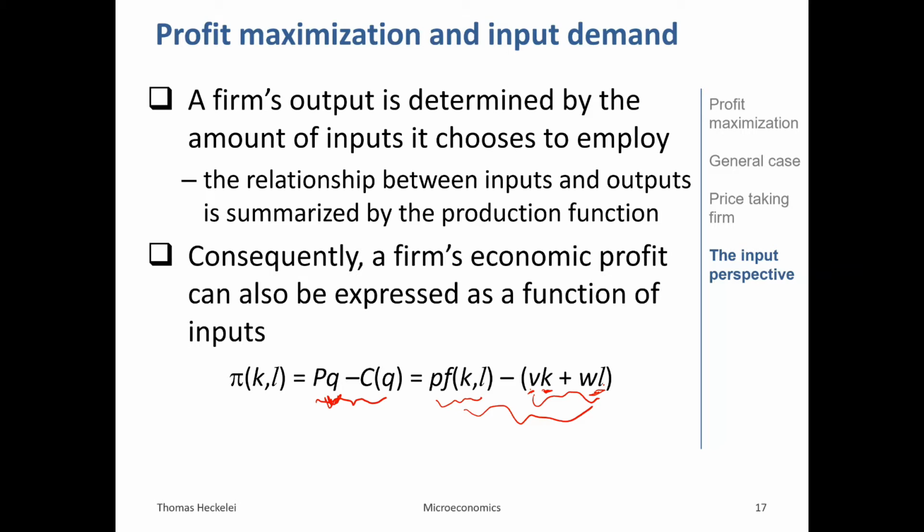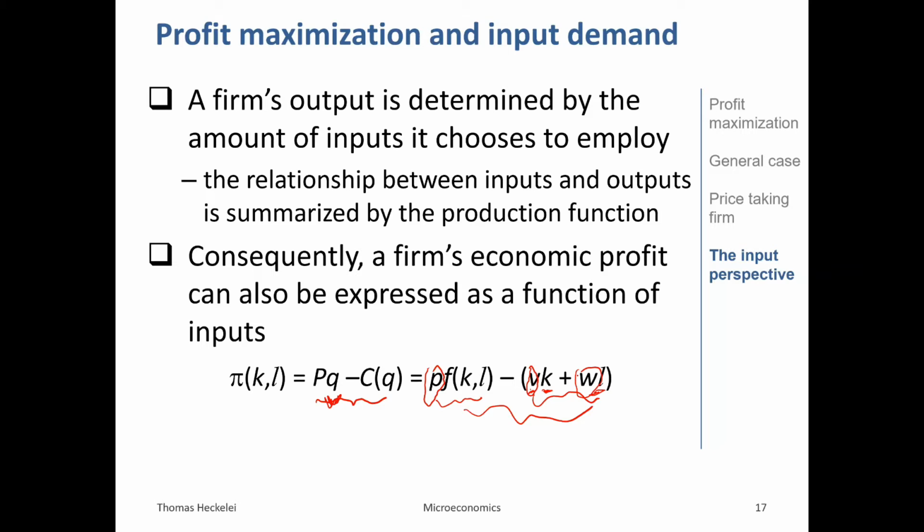Now, before we go further, note that there is one important assumption implied in this setup. That is, we take P, the market price, and the prices of input V and W as given.